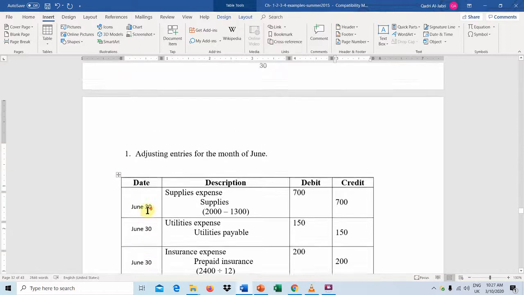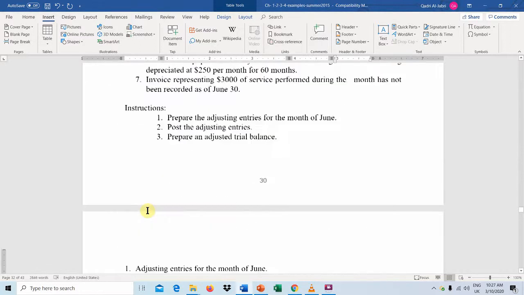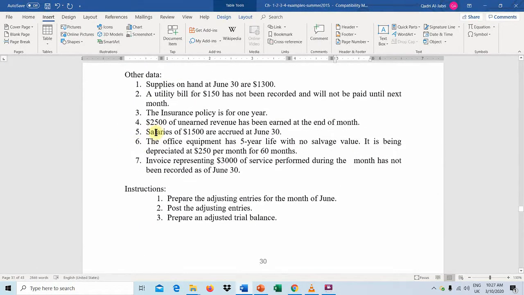Now let's check transaction number 5. In transaction number 5, saying that salaries of 1,500 are accrued at June 30. So these are salaries. This is a type of accruals. These salaries that is incurred during the period but not recorded or paid yet.